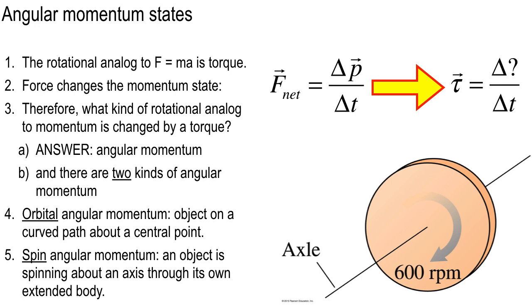They might not be spinning, but if they aim their ice skates properly and lean into the curve, they'll go around in a circle. So for spin angular momentum, usually the axis that we care about is the axis that goes through its center of mass.